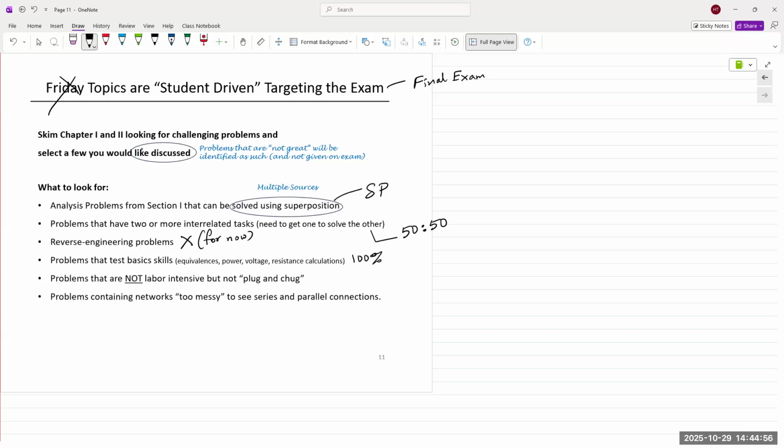And then problems that are not labor intensive, but could be plug and chug. Typically, plug and chug or plug and solve problems are not something that instructors like to do, but I still see value in those. Plug and solve simply means we have a problem in front of us, there's a system, and we need to decide which equation fits best or which operating principle fits best to solve that problem.